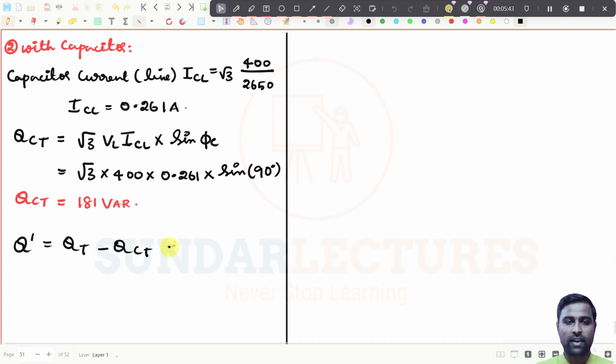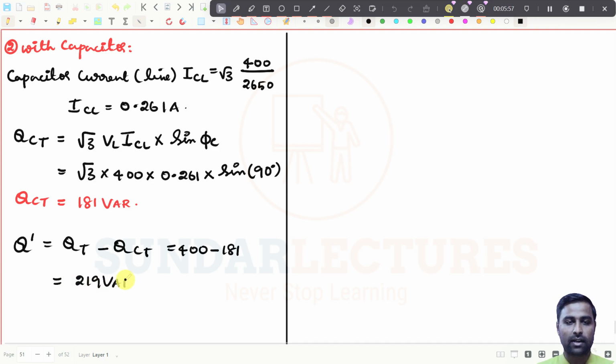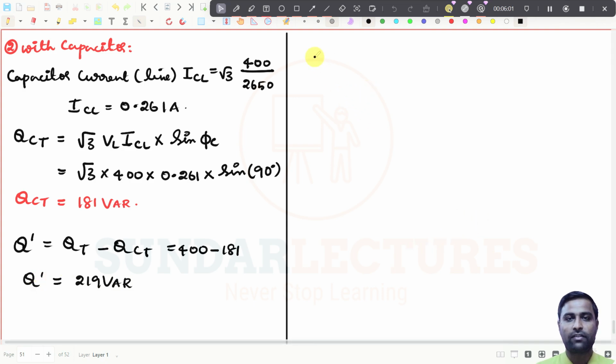So 400 minus 181. That is the total reactive power now with the capacitor in the whole circuit, right? That value is 219 VAR.